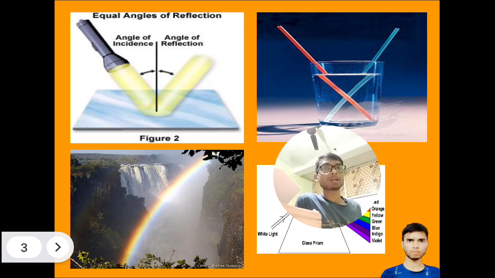Now what about the angle of reflection? Here some points are the same, but something will be different. Again we will take the normal line.